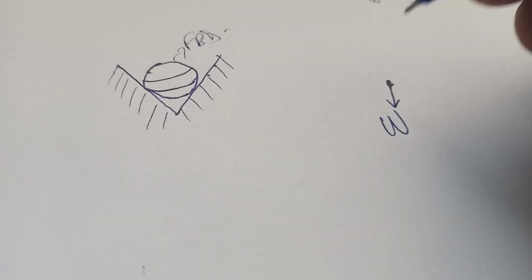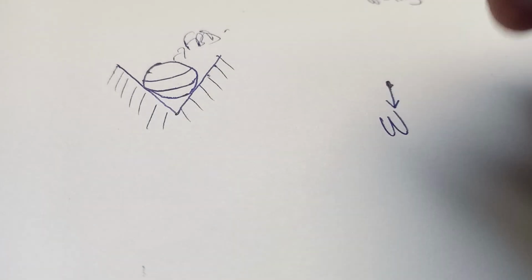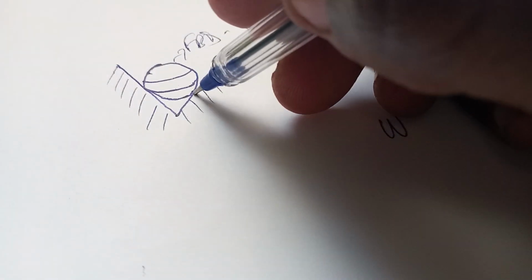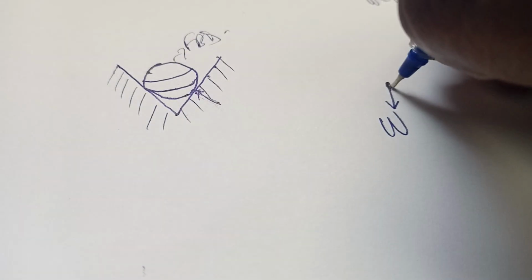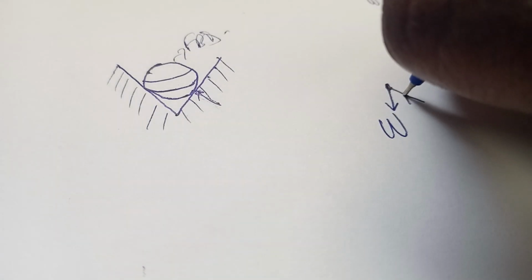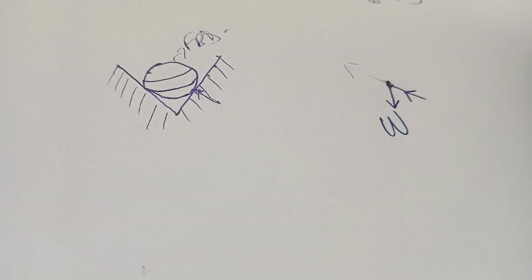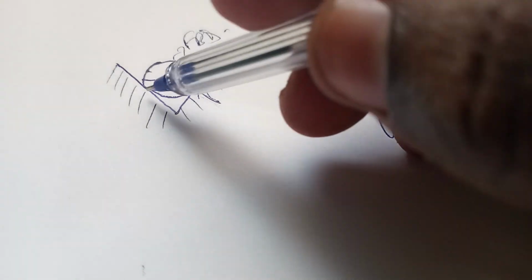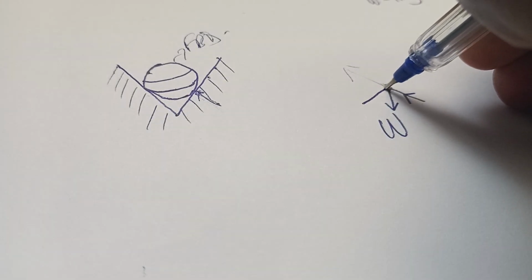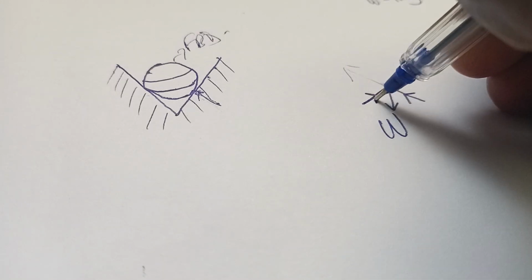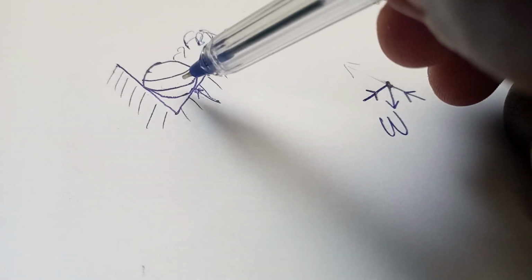So we have a reaction force on this cylinder, acting in this direction, so I can draw it here, something like that, or I could have just drawn it here. It's all the same thing. The same goes for this one. So these are the forces that are acting on this ball here.